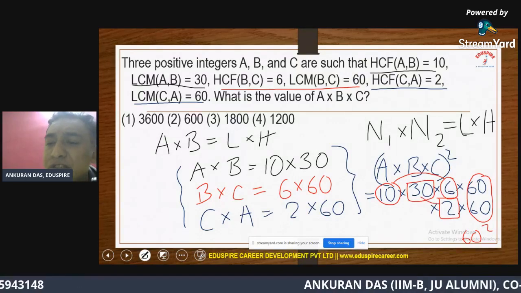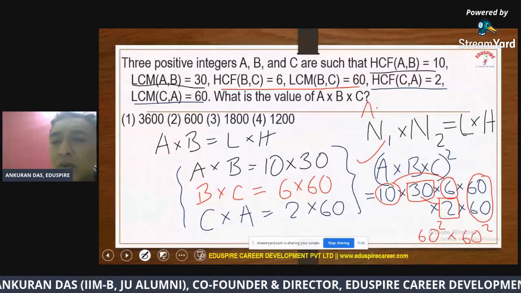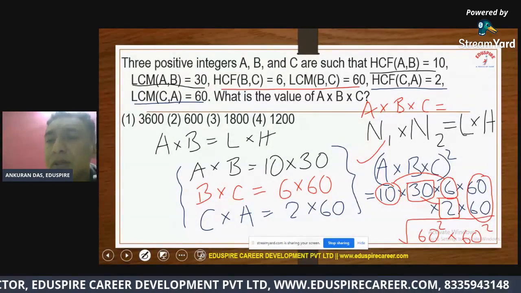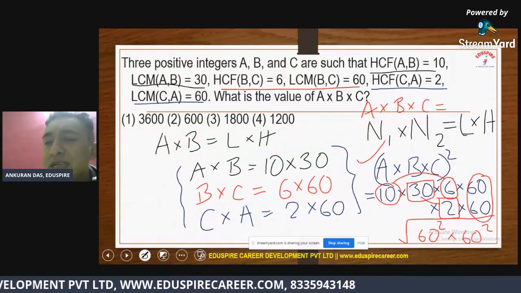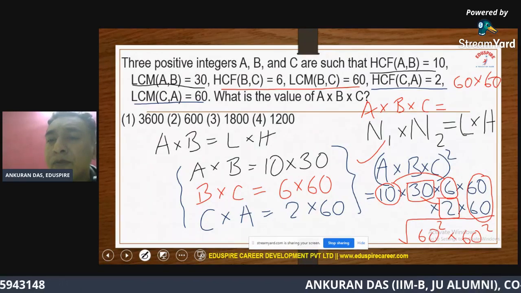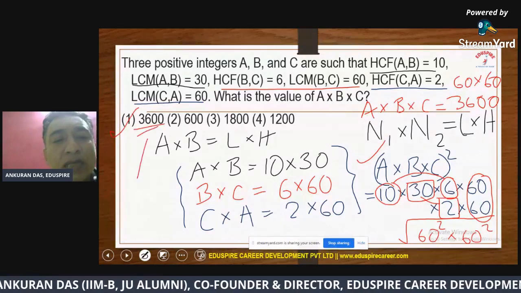All right, which is A into B into C whole square. So of course, if I look at A into B into C, that will be square root of this entire expression, which will be 60 into 60, which is 3600. All right, so our answer to this question will be 3600.